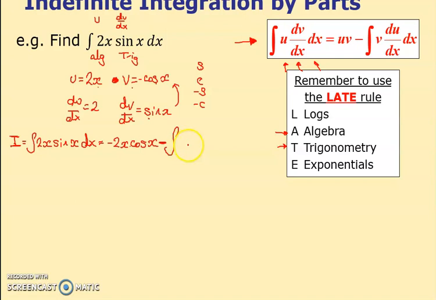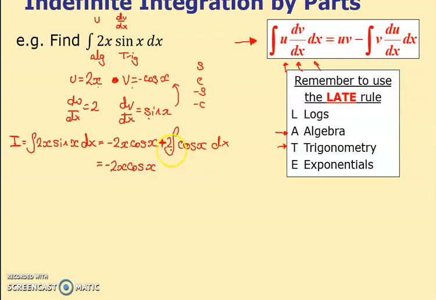Now I could write minus cos x here, but it says minus, so minus and minus is a plus, so it doesn't always work out like that, but this time it does. Cos x, du by dx was 2. So I can chuck a 2 in there as well, and because it's just a number on its own, there's no x's, I can chuck it at the front. dx. So, minus 2x cos x.